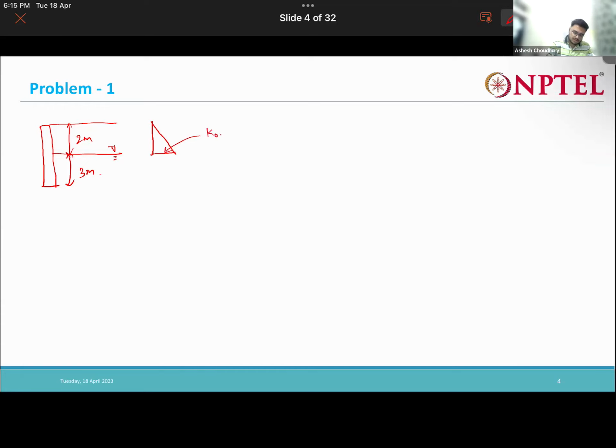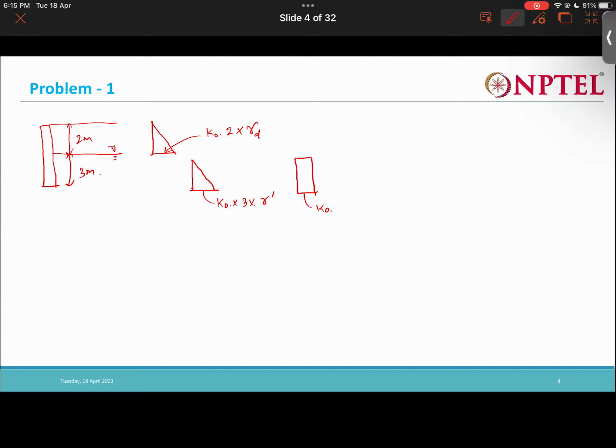K naught into 2 into gamma dry. And for the bottom part it will be K naught into 3 into gamma sub, and another portion will come here, K naught into gamma dry into 2.